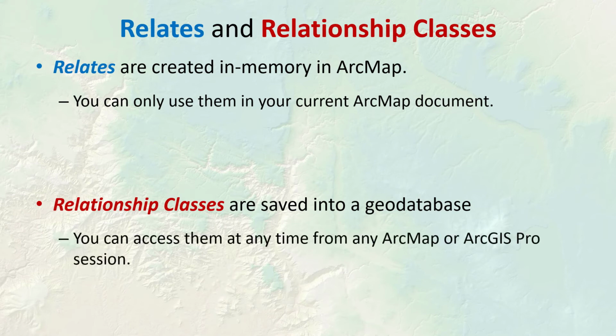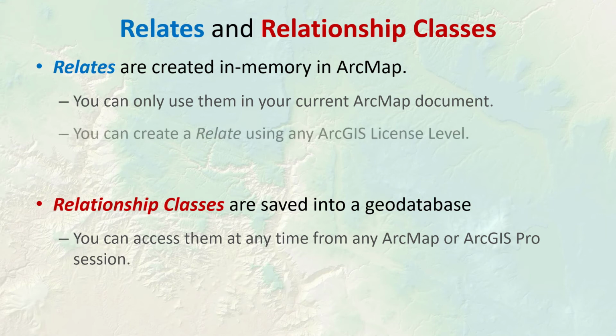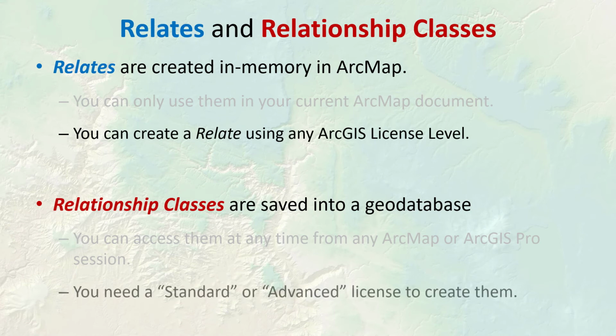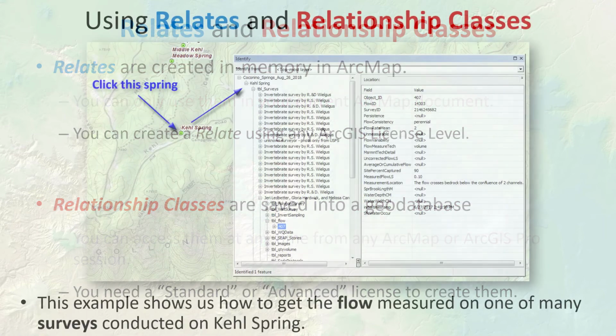Relationship classes, on the other hand, are permanently saved to a database until you deliberately choose to delete them, and they're accessible at any time from any ArcMap or ArcGIS Pro session. Another difference is that you can create relates using any license level of ArcMap, but to create a relationship class, you need at least a standard or advanced license.